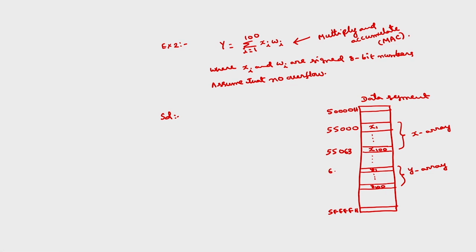Let us assume that this starts at 56000H, and you store the result somewhere in 5700H. I am assuming that y is also 8-bit. So, this is the basic assumption.